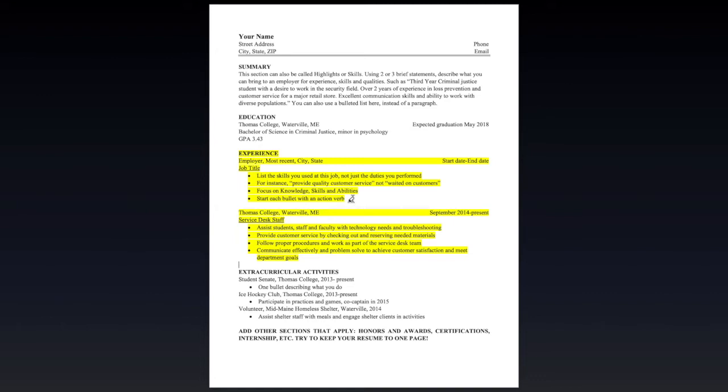So, the important things to know about the bullets: start with a verb, an action verb. You're trying to paint a picture without being too wordy. You're trying to list skills, not necessarily tasks or duties.